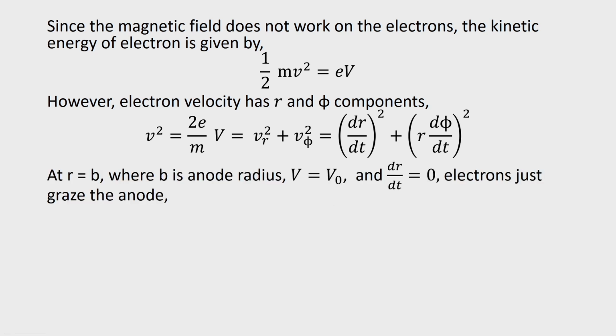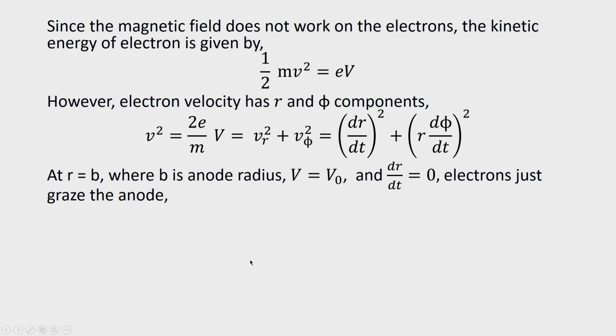Now, at r equal to b, where b represents the anode radius, we have potential V equal to V naught, and also if we have dr by dt equal to 0, then the electrons will just graze the anode.